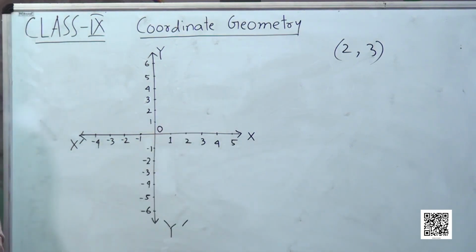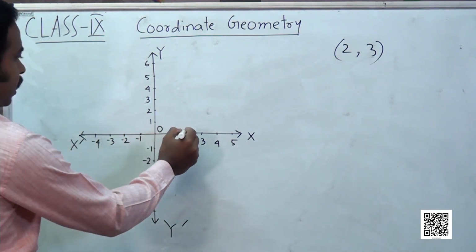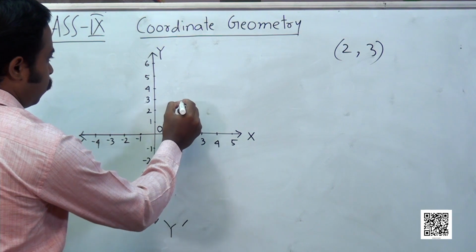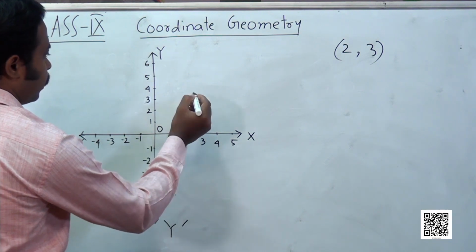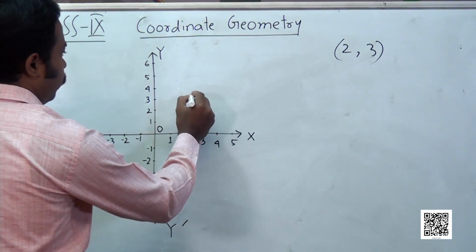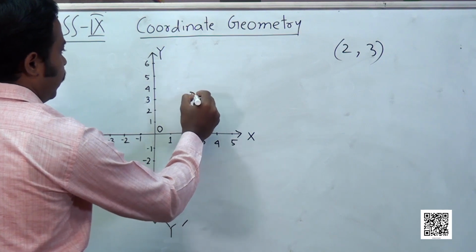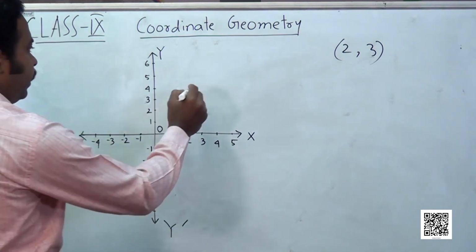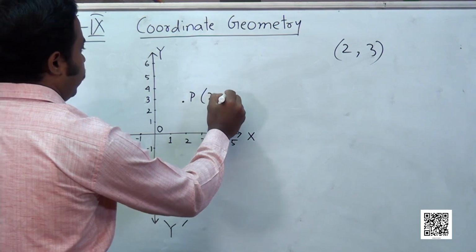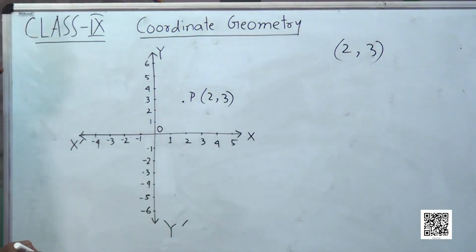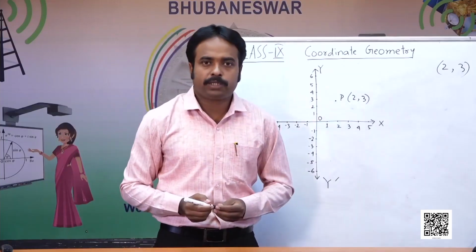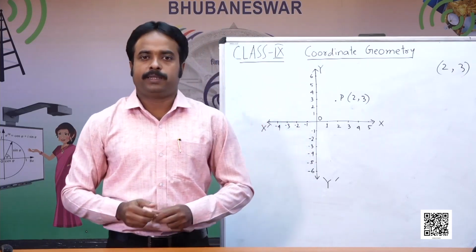Then we have to go 3 units along the y-axis. If we go 3 units along the y-axis, then its position is this. Therefore, if we take P as this point, then the coordinates of this point are (2, 3), or P is the point which represents (2, 3).